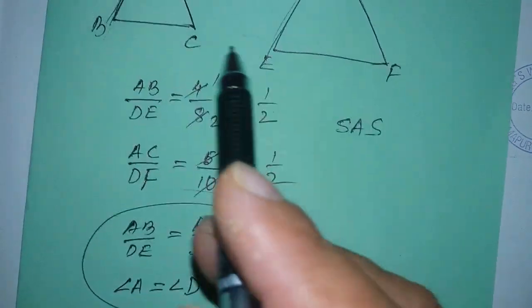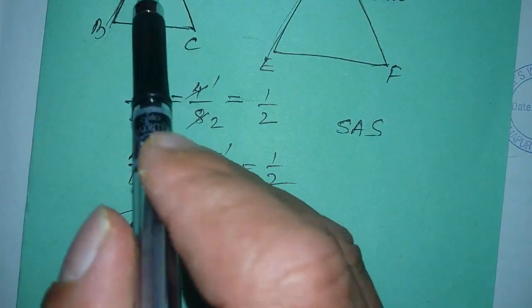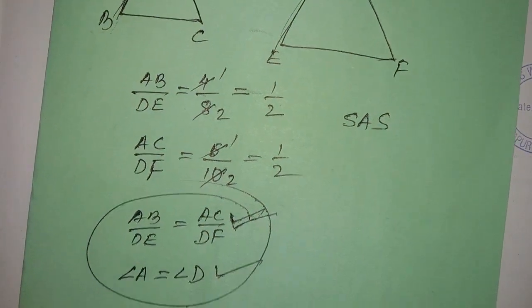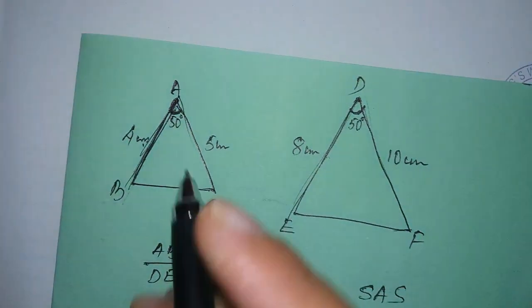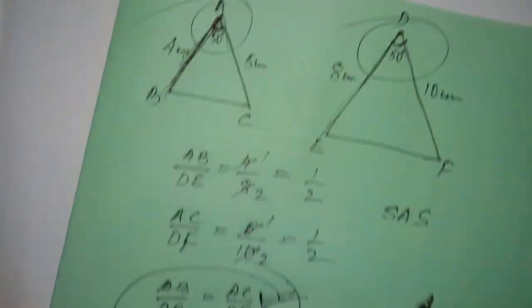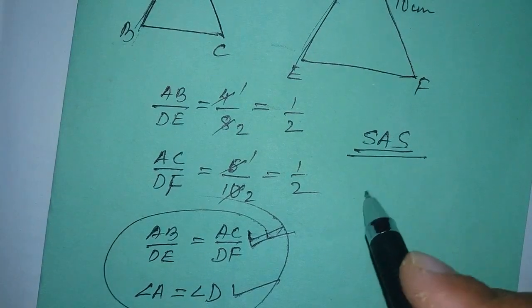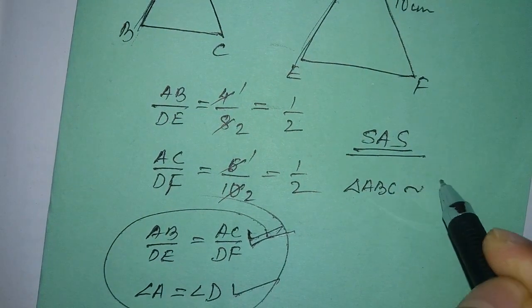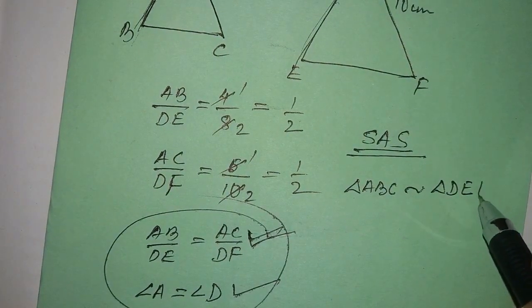The ratio of these two sides and these two sides are equal, and the included angles, these two angles, are equal. So we can say that triangle ABC is similar to triangle DEF.